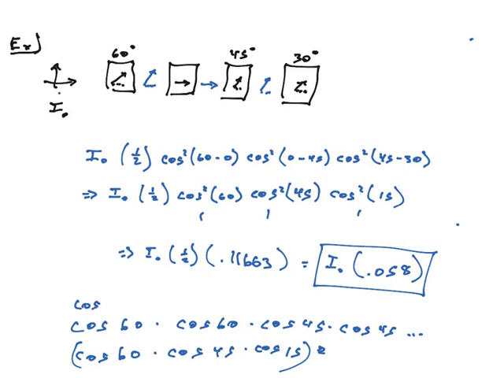Or you could do cosine of 60, square that number, times cosine 45, square that number, times cosine 15, square that number. Any of these three methods will work. Then, of course, don't forget to multiply by 1/2 afterwards. So it's up to you how you want to manipulate your calculator, which is the easiest way to put it all in. But remember, cosine squared means cosine of the number times cosine of the number. All right, so that's polarization.